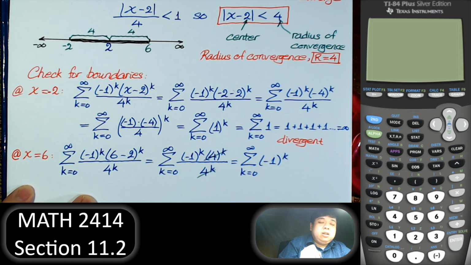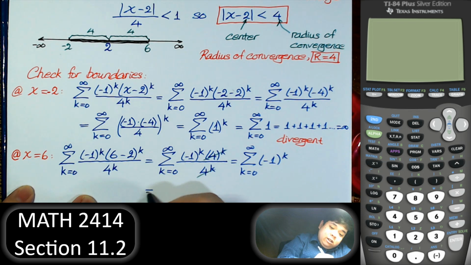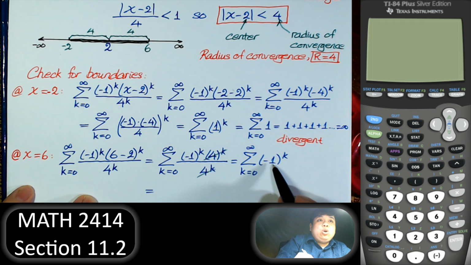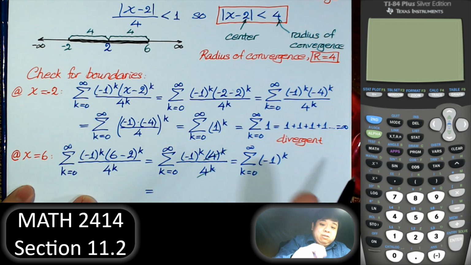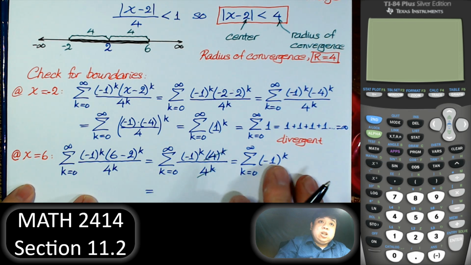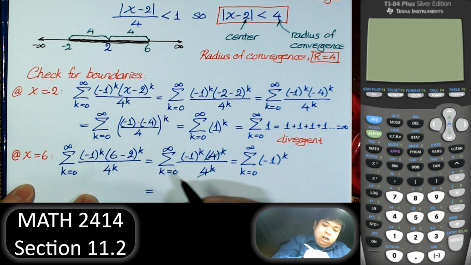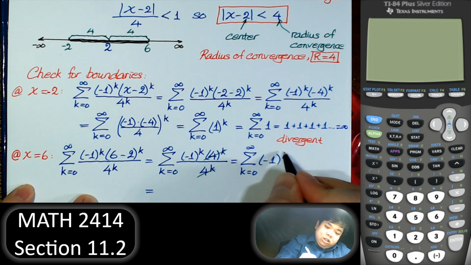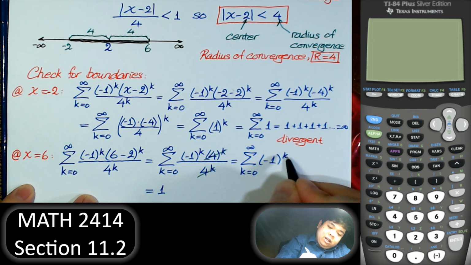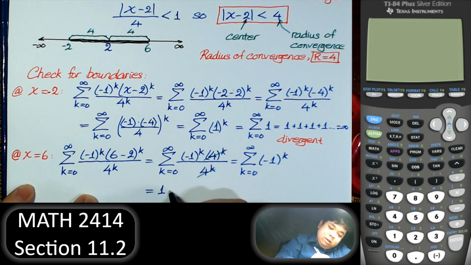So what does that mean? Now if we write this series out, -1 to the k power. By the way, that does not go to 0 either. So by the divergence test, if the k term does not go to 0 as k goes to infinity, this one is divergent. But we can just reason. Negative 1 to the 0 power is 1. Negative 1 to the first power is negative 1.